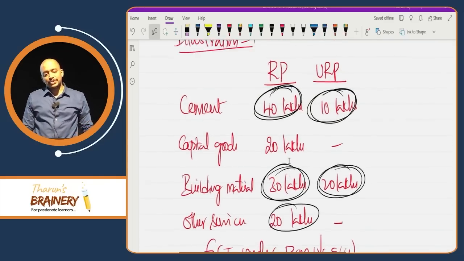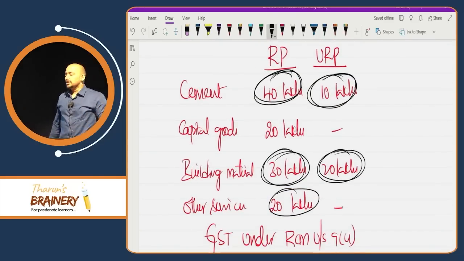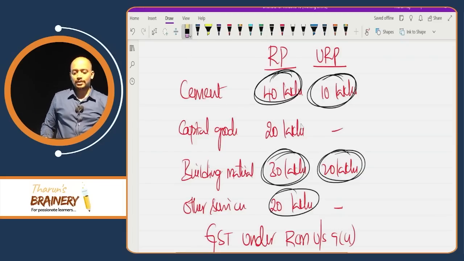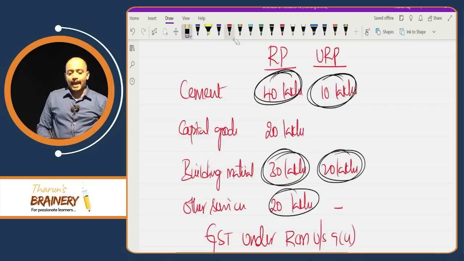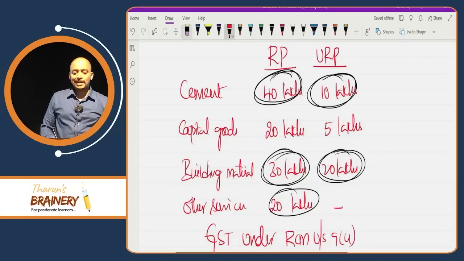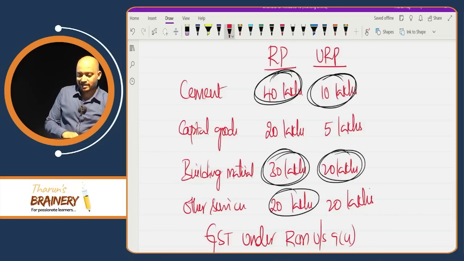Now second illustration, you write down illustration 2. Illustration 2. Capital goods 5 lakhs from unregistered person and other services 20 lakhs, other services 20 lakhs from unregistered person.